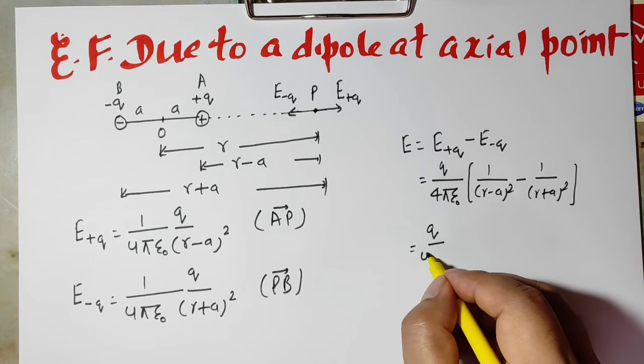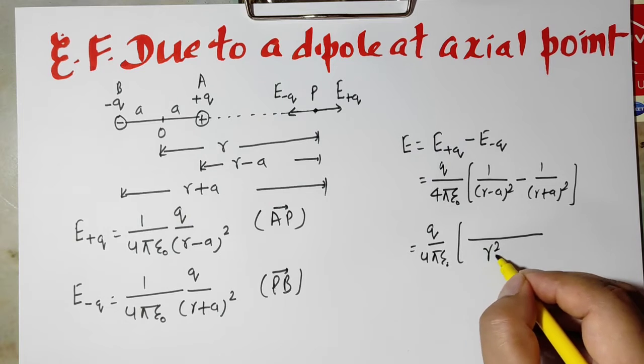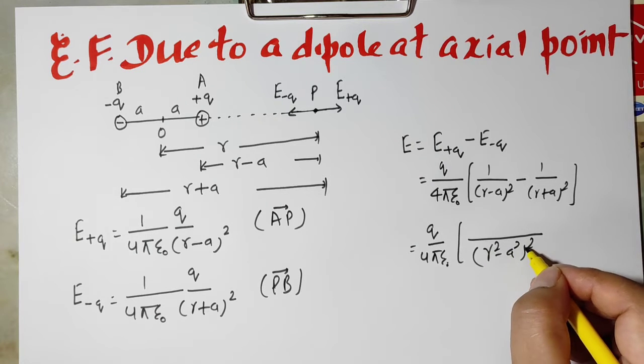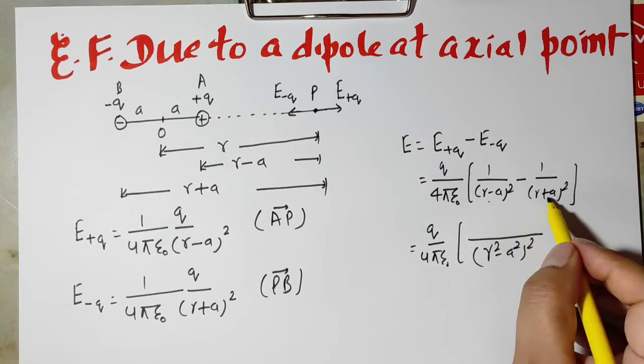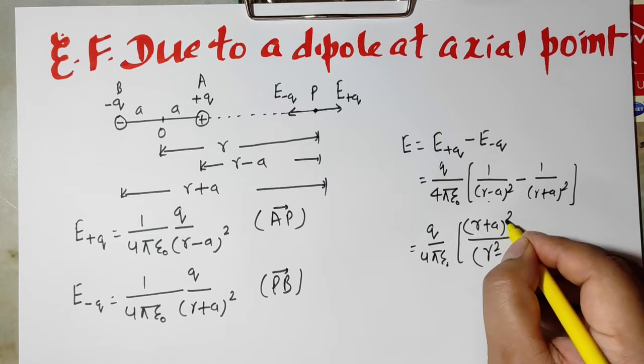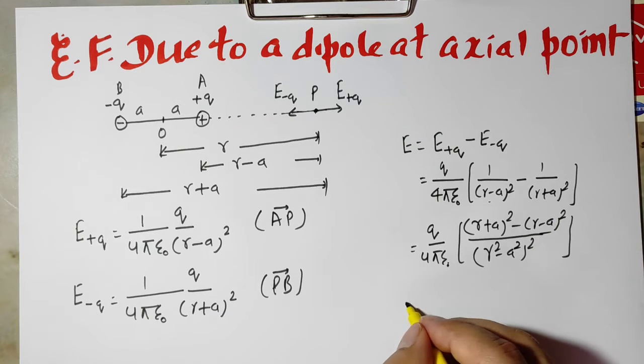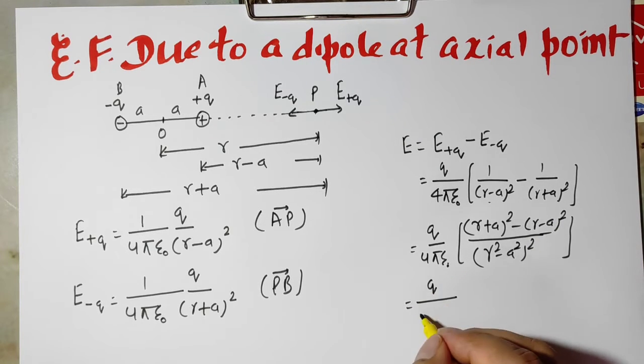Now just a little simplification here: (r square minus a square) square. I multiplied this, taking LCM, so it is (r plus a) square minus (r minus a) square.